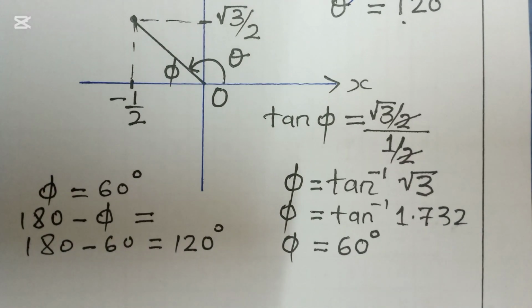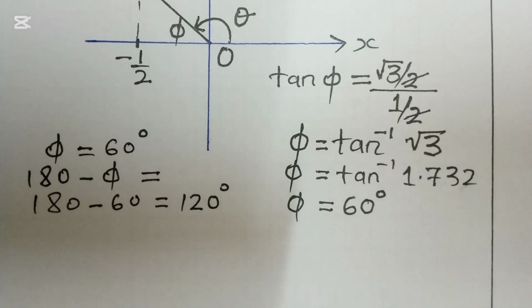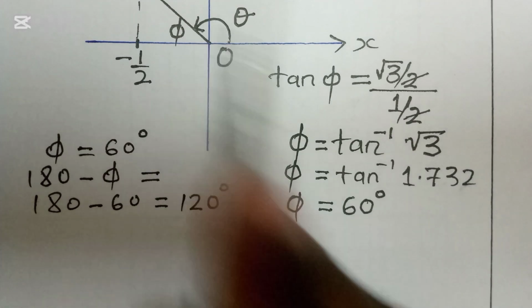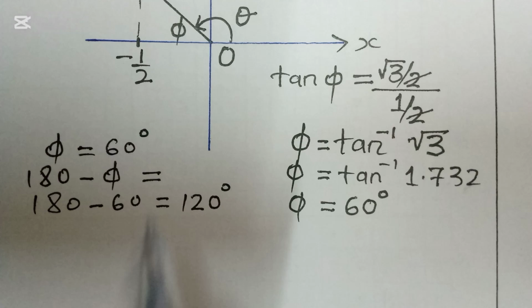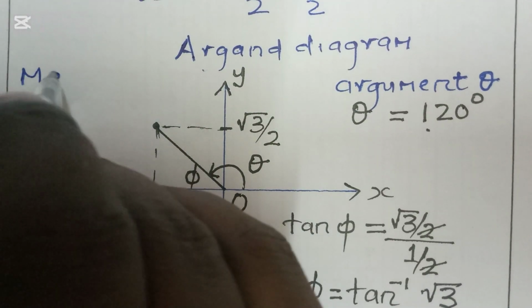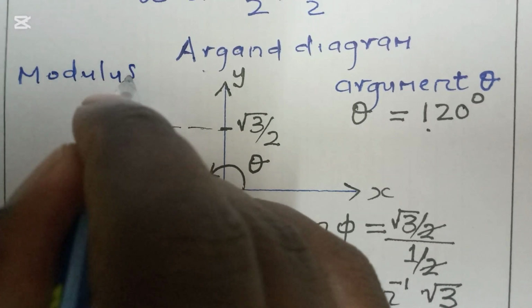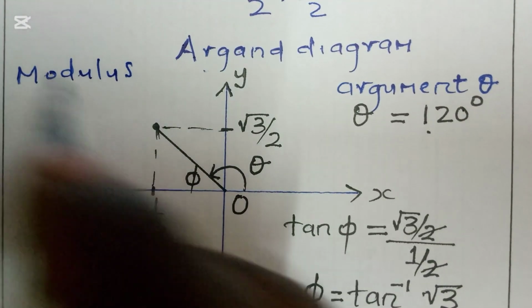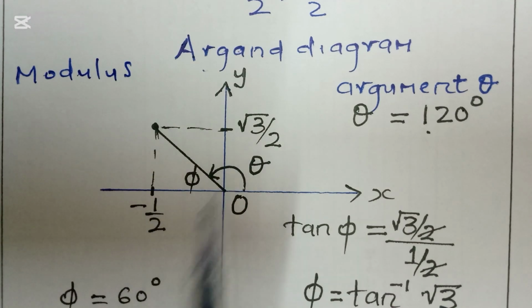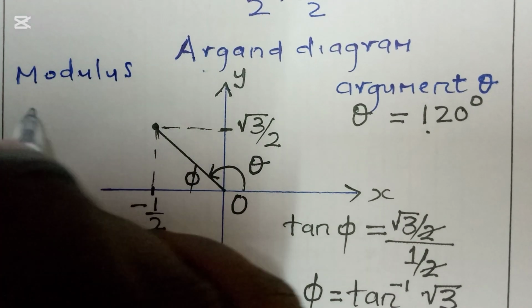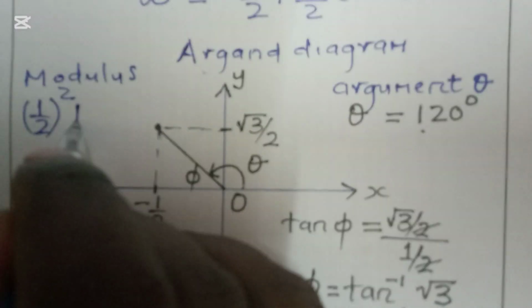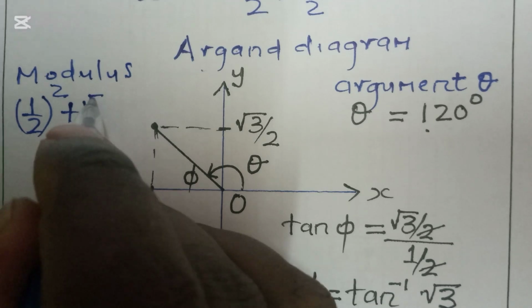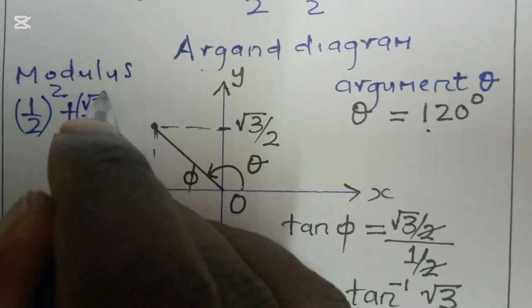Guys, now we come to look for the modulus. For the modulus, let me just write here modulus, is going to be equal to this value. We take only the positive. So we shall have a half squared plus square root of 3 all over 2 squared.